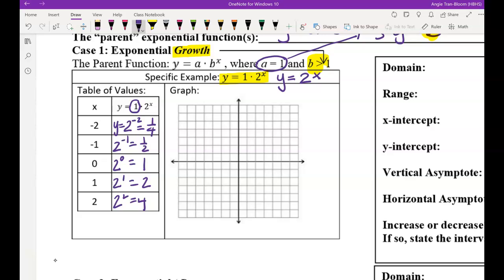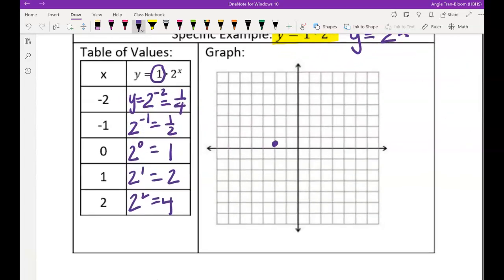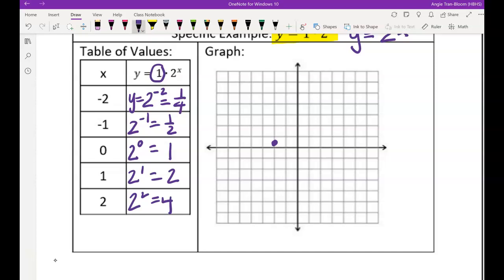Let's plot this out. Negative 2, up 1/4. Negative 1, up 1/2. 0, up 1. 1, up 2, and then 2, up 4. Notice how it doesn't matter what x value we pick, we could never get a y value that's going to be 0.